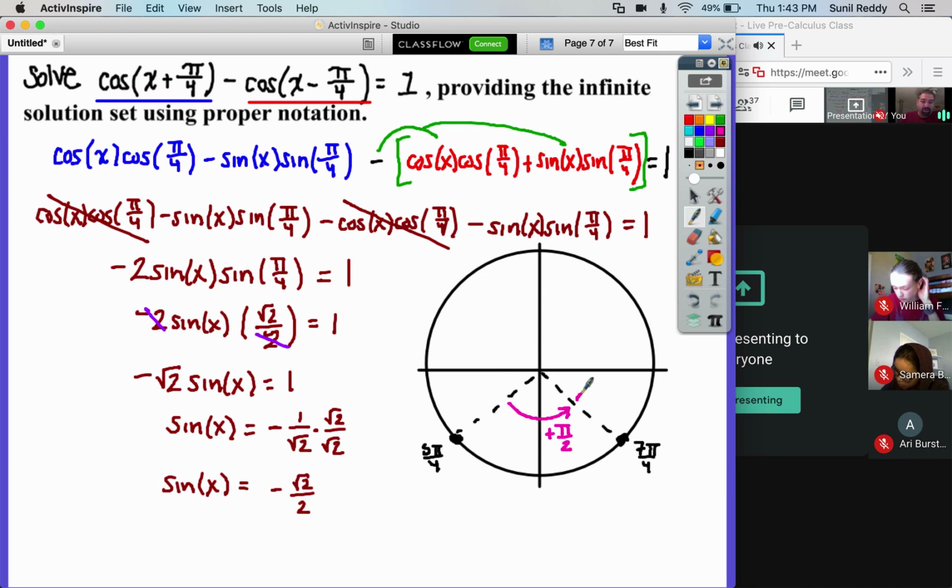But then from that location all the way back around, I would have a difference of 3 pi over 2, together making up the whole circle of 4 pi over 2, which is 2 pi. Those two things are different, so we have no common difference. So when I go to write my answers, I'm going to have two sets instead of just one.